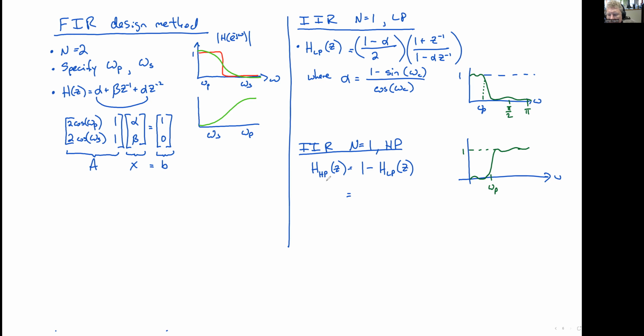And while you could compute the high pass by just taking 1 minus this mess, with a little bit of algebra, we can simplify it, and it looks like this. The alpha is computed using the exact same method as described above. It's just the transfer function that's changed slightly.